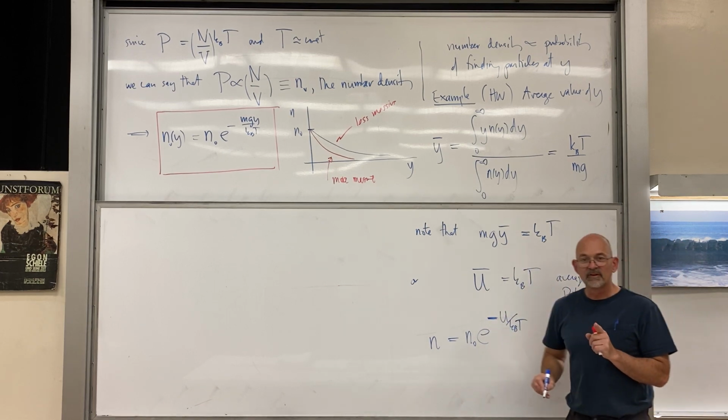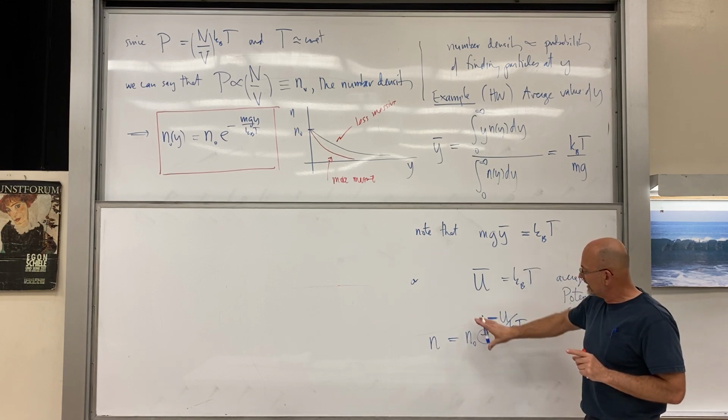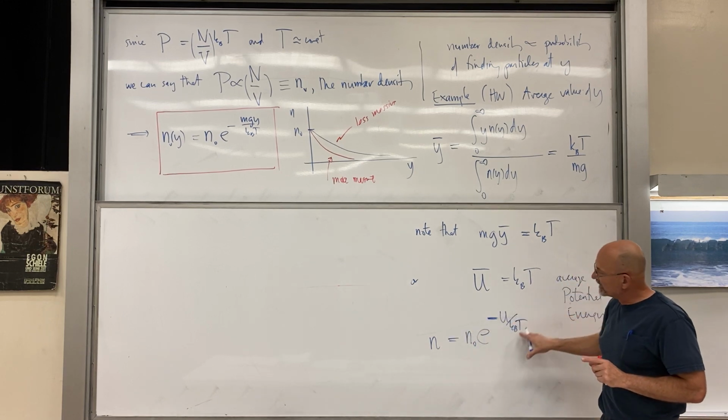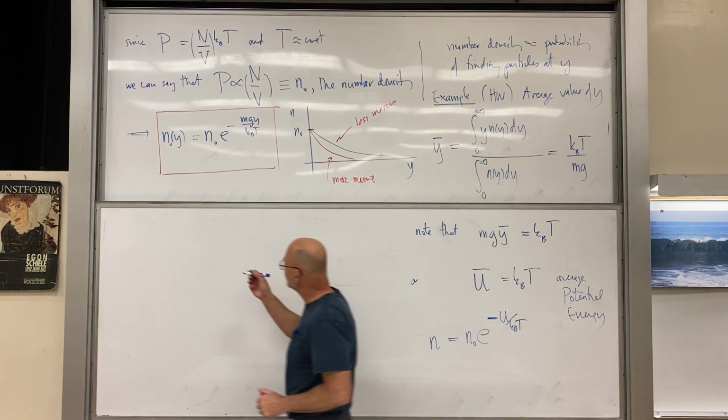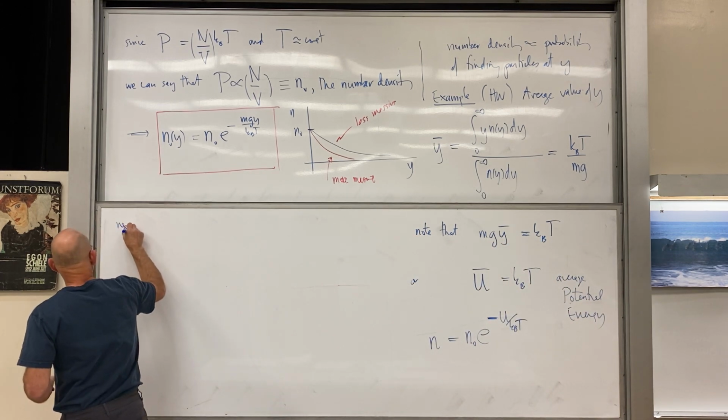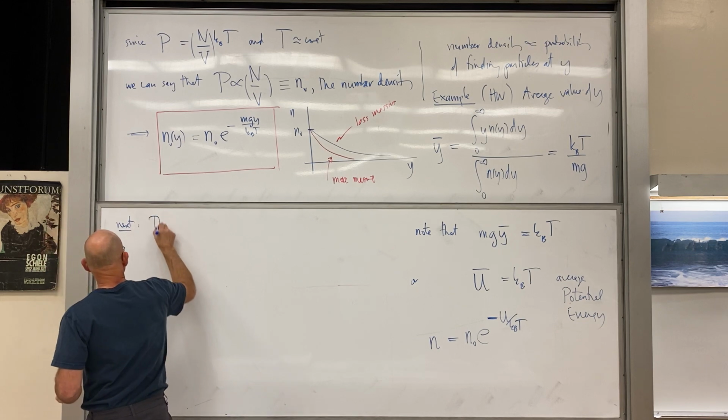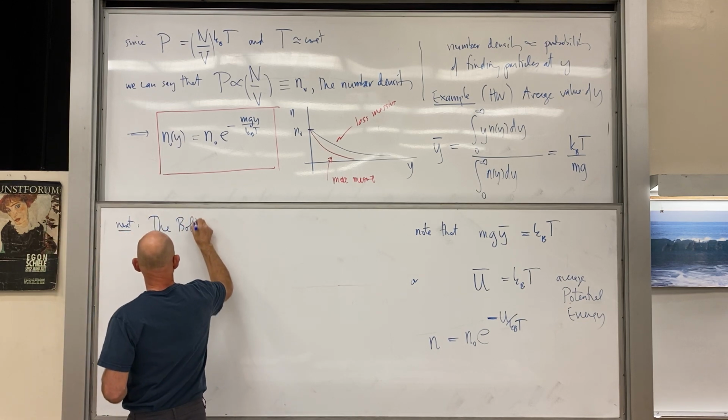So the principle I'm just discussing is that this is general for all energies in statistical mechanics. This will bring us up to what's called the Boltzmann distribution. So next, the Boltzmann distribution.